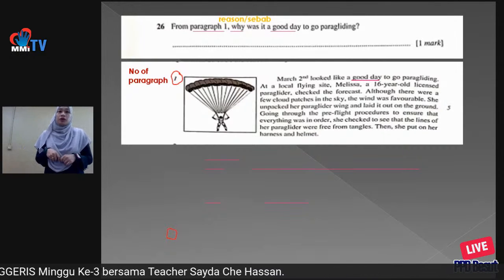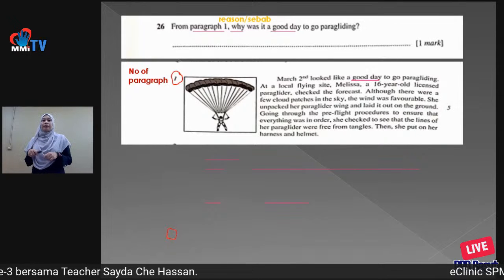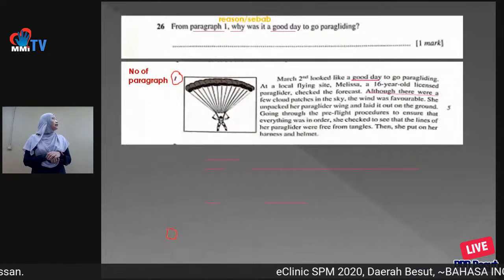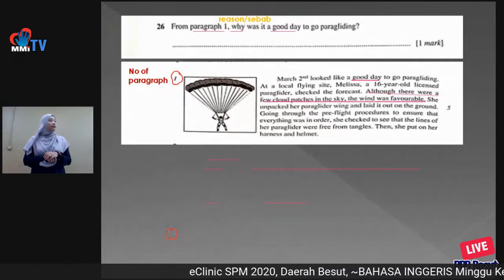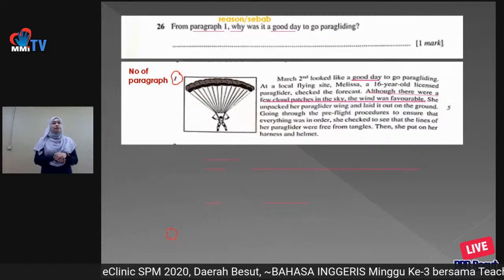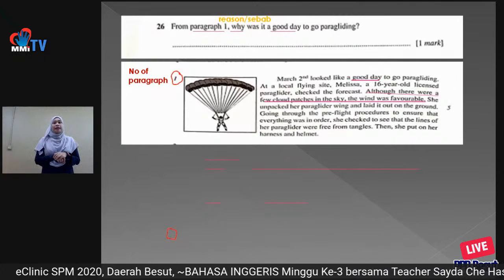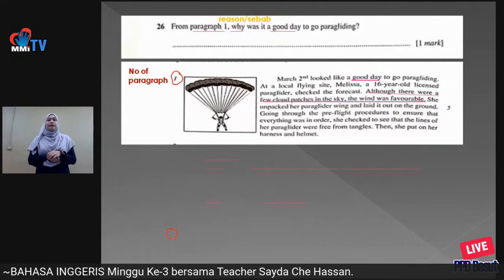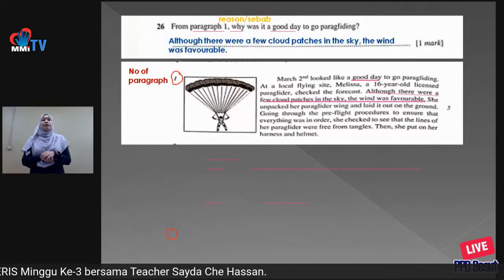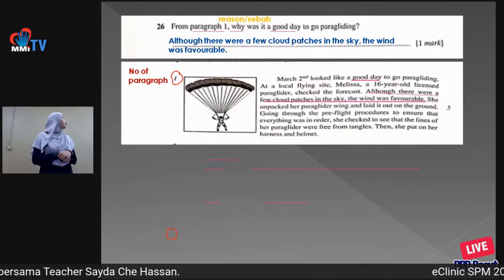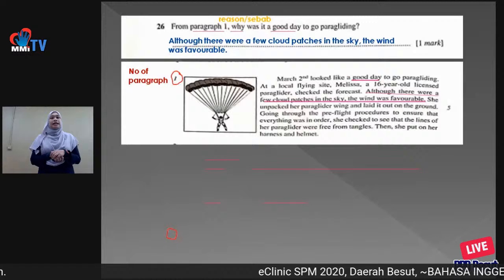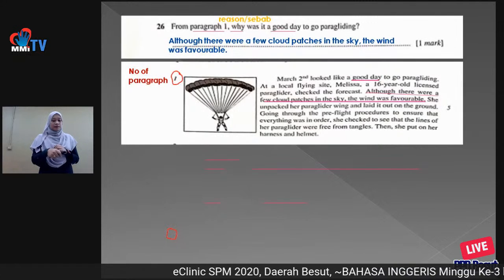Then she put on her harness and helmet. So basically those sentences in lines 3 and 4 are actually the answer. So once you find it, once the underline situ ataupun dah highlighted, copy them down in your answer sheet. Salin je the whole thing.